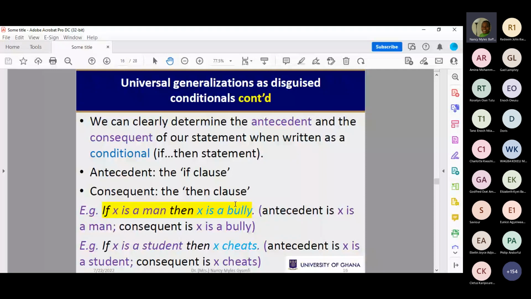So everybody be by your phone. Unless you have a very noisy background, we'll respect that, okay? So if you love me, then you will obey my commandment. Very good. The consequent is you will obey my commandment.